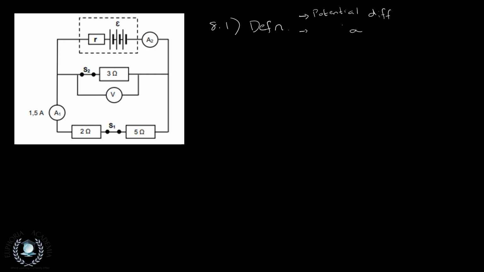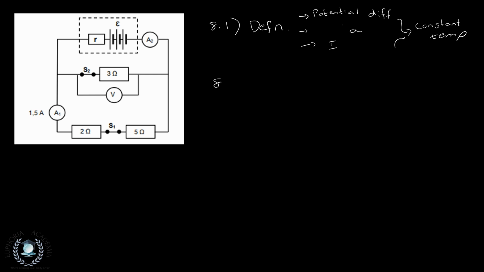Directly proportional to the current, and then it needs to be under constant temperature. Even you of course have to write it in full in the exam, but these are more or less the keywords that the examiner might be looking for.